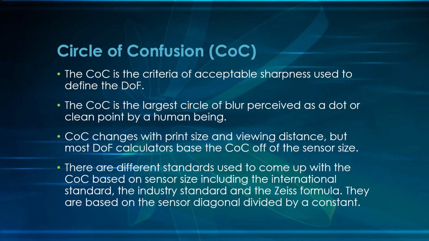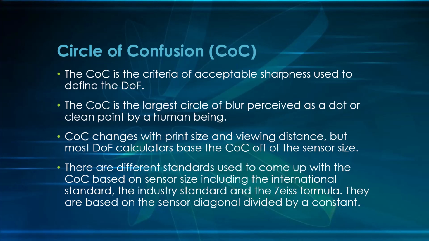Now we get to the confusing part of depth of field, which you may or may not have heard of. It's something called the circle of confusion. The circle of confusion is a criteria of acceptable sharpness used to define the depth of field. You could consider it a constant because it's usually used as a constant based on sensor size, or you could call it a variable based on sensor size.